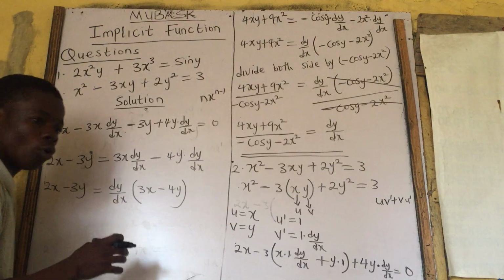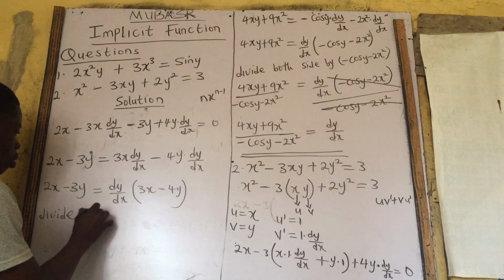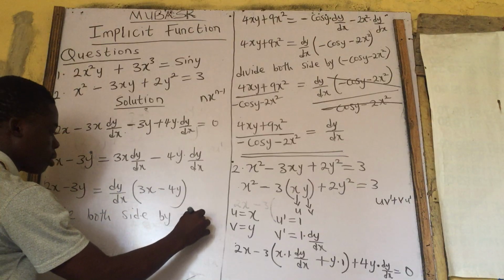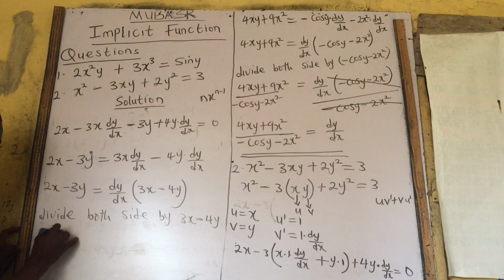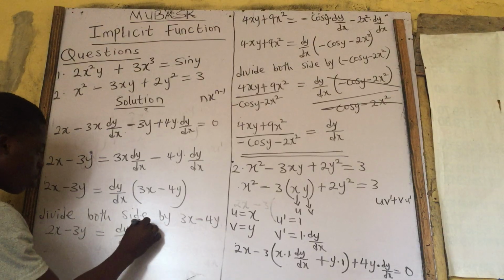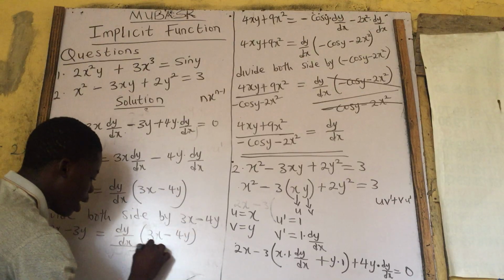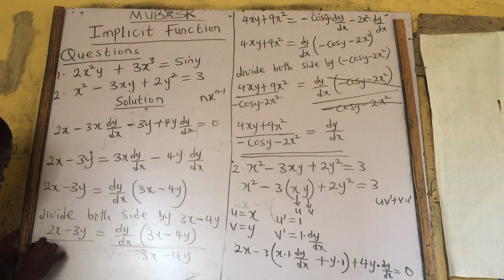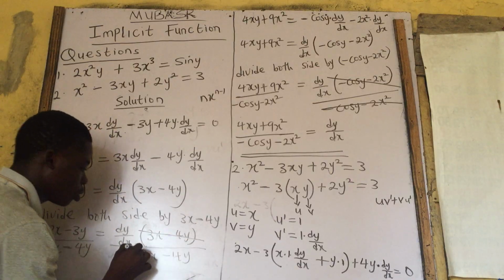Now to obtain dy over dx, we have to divide both sides by 3x minus 4y. So 2x minus 3y equals dy over dx, open bracket, 3x minus 4y, close bracket, all divided by 3x minus 4y. Also here divided by 3x minus 4y. 3x minus 4y cancels 3x minus 4y.